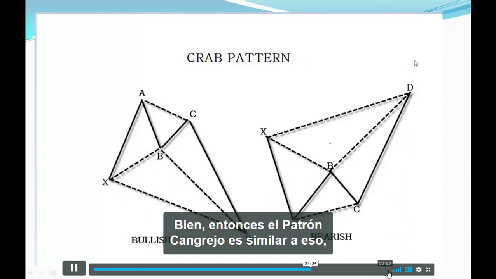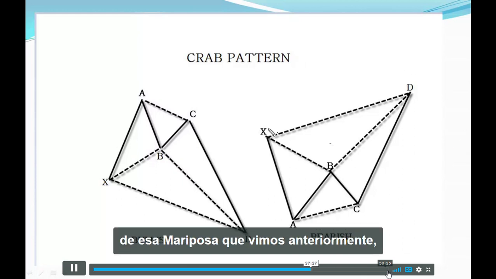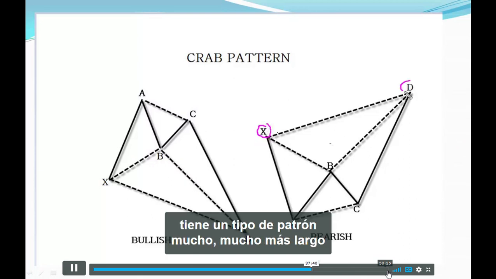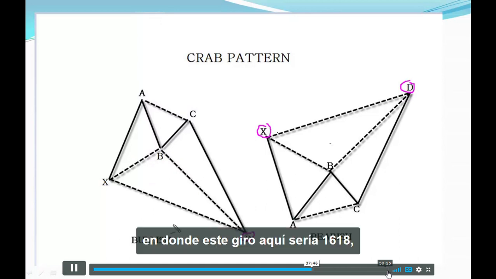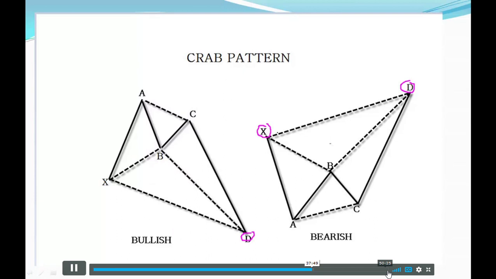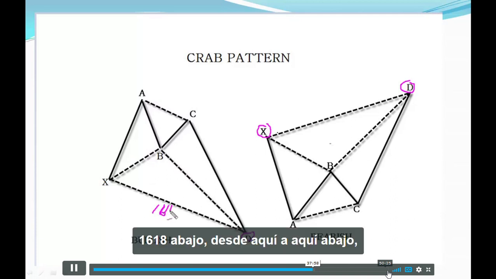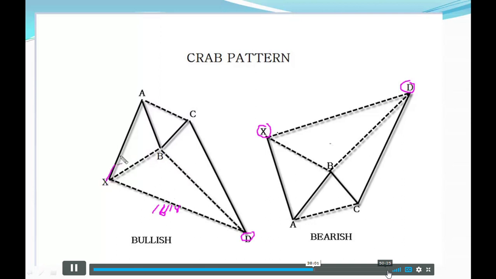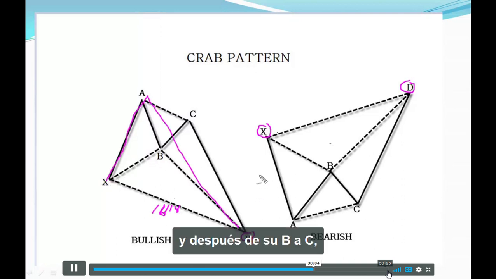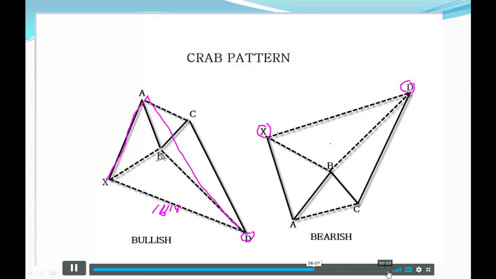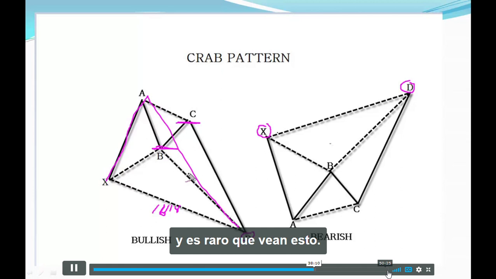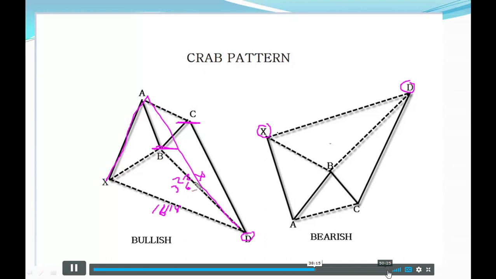All right. So the crab pattern, similar to that butterfly we looked at earlier, has a much longer type of pattern, where this swing here would be 1.618, down from here to here, and then from your B to C, and it's rare that you see this, it's a 2.24 to 3.618 extension.